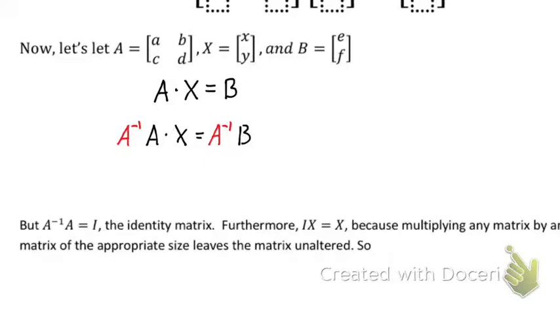So this is basically going to cancel out because this is going to be the identity. That's the identity matrix, which in matrix world is just 1. I have 1 times x equals this, which I should be able to do the multiplication of.